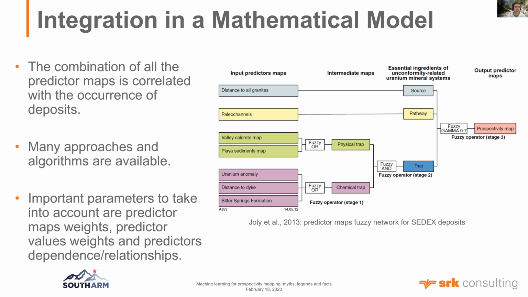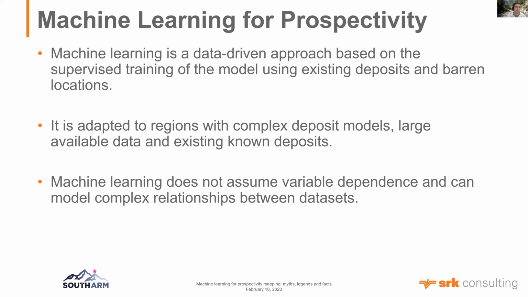So now that we know what prospectivity mapping is, what is machine learning for prospectivity? Well, machine learning is a data-driven approach that's based on the supervised training of the model, which means that you're not telling the model what to do, you're just providing the location of deposits and non-deposits along with your geological data, and the algorithm will learn the relationship between the location of deposits and your geological data.